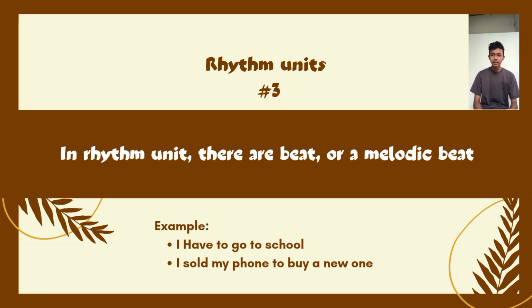Like when my friend asks, what are you doing with your phone? Sold it, buy a new one. It's just like that, and the information is received well by the listener. But with the grammar words, there are I, my, to, a in 'I sold my phone to buy a new one.' They are only there to make the sentence grammatically correct.